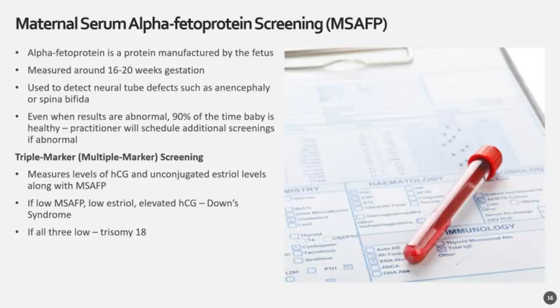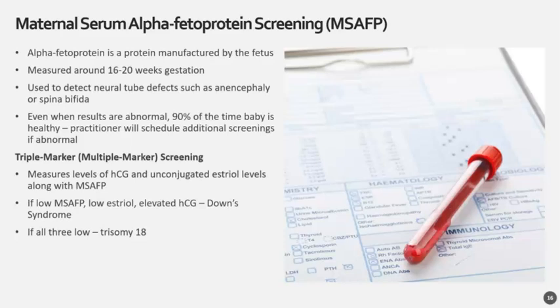Even when results are abnormal, approximately 90% of the time the woman will deliver a healthy baby. Usually with abnormal results, a practitioner will schedule additional diagnostic testing with ultrasound and/or amniocentesis. This can be a very emotional time for the parents and the family until the results are confirmed. So we do want to keep that in mind anytime this type of news is delivered.